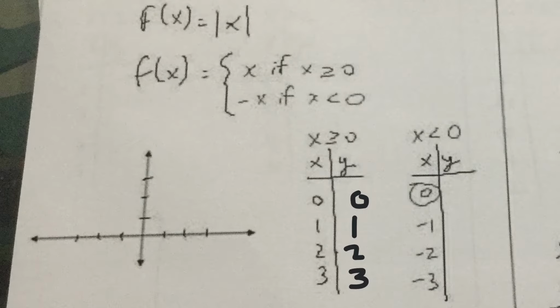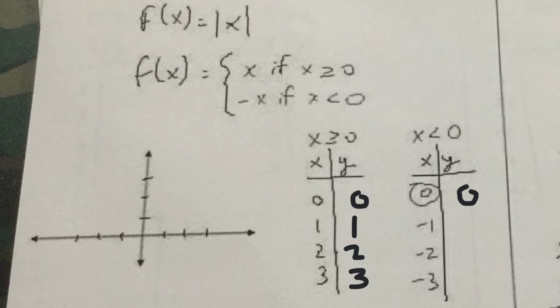So if I plugged in 0 there, well, this time we're looking for x being less than 0. So again, we'd plug it into this piece of the graph. Negative 0, again, would just be 0. Now if I plugged in negative 1, so again, x is less than 0, I'm plugging in negative 1 here for x. So I would get negative of negative 1.